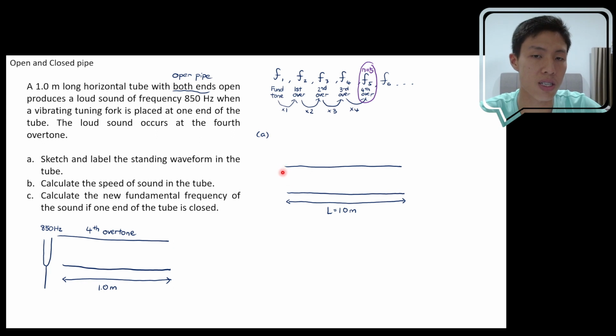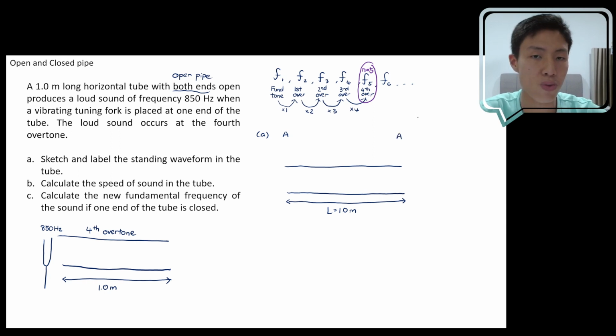We can consider these ends to be antinodes, because the particles are free to vibrate. If there's a wall, let's say a closed end, then your particle cannot vibrate freely at those places, and those will be called nodes. But now it's open to vibrate, so we'll consider them as antinodes. So you have an antinode at one end, and an antinode at the other end.